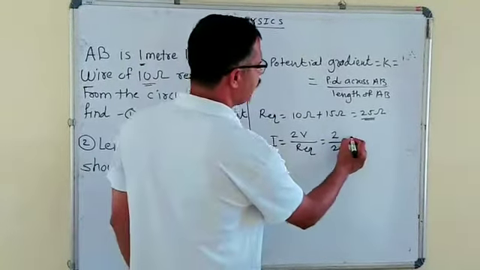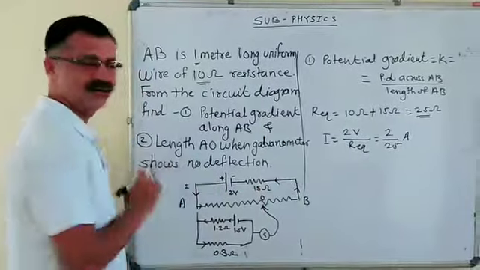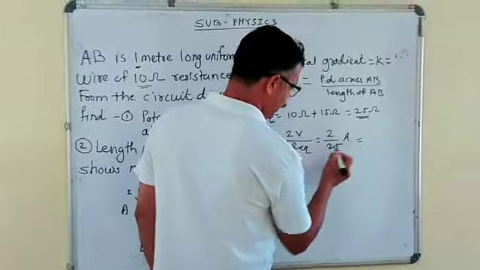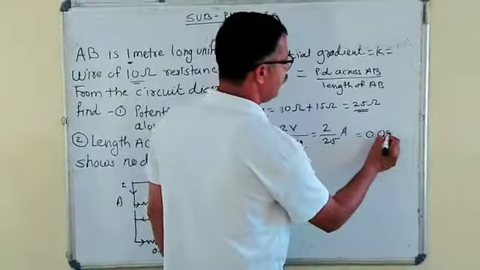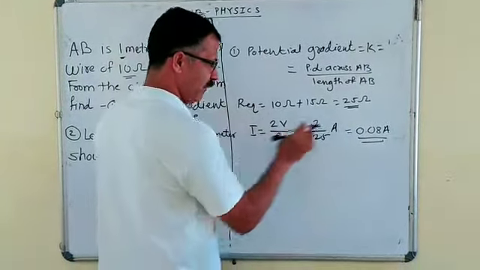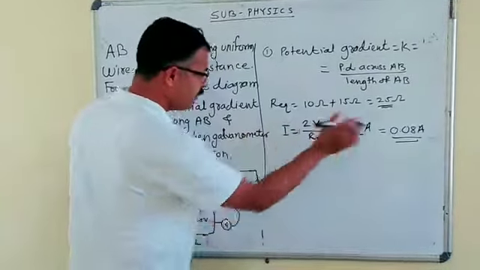This is the current flowing through this circuit. If you divide it, it is very simple, it is 0.08 ampere. By solving this, it leads to this value.